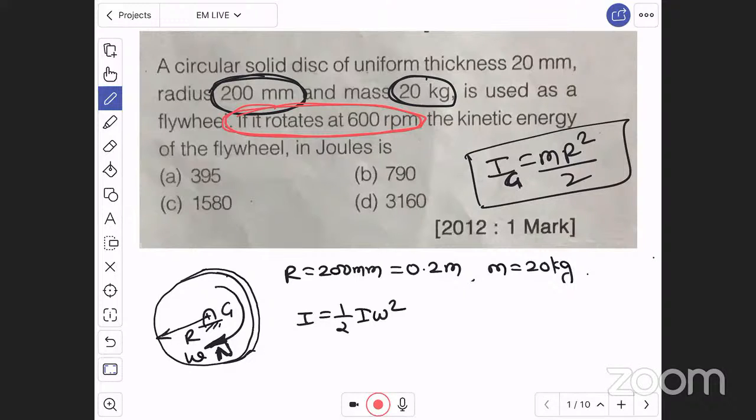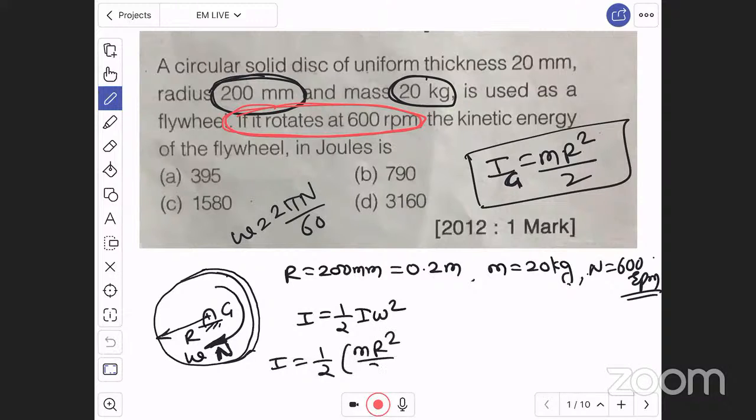And omega is nothing but 2 pi n upon 60, and n is given as 600 rpm. Put the values. Therefore, kinetic energy is 1/2 into mr square by 2 into omega square, where omega is 2 pi n upon 60, whole square.